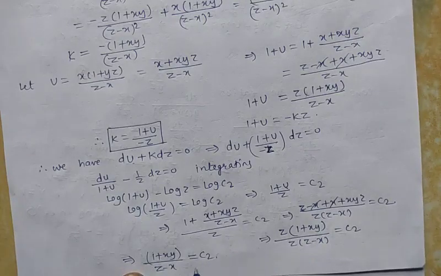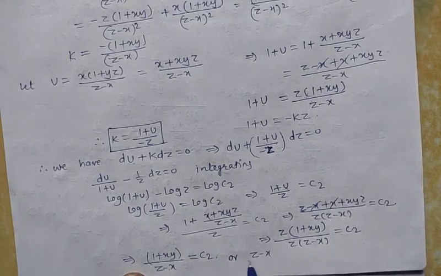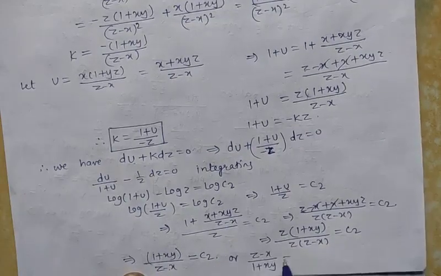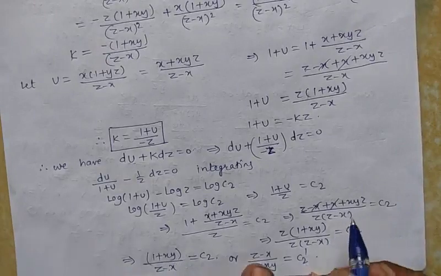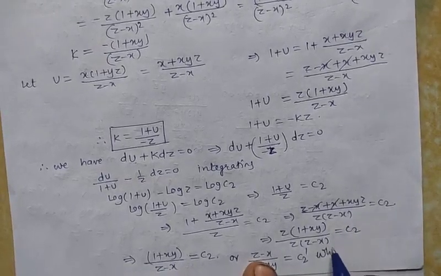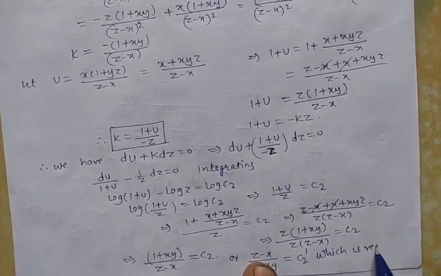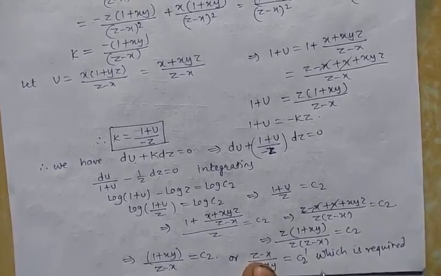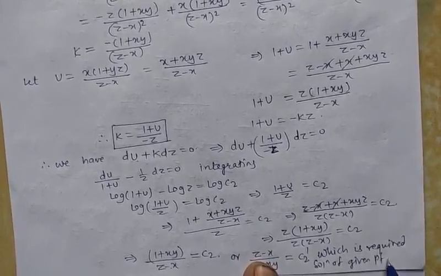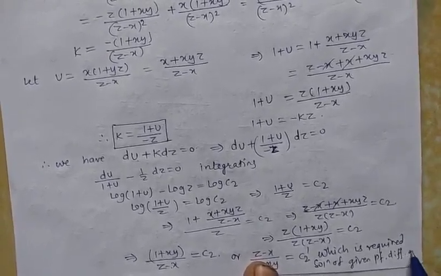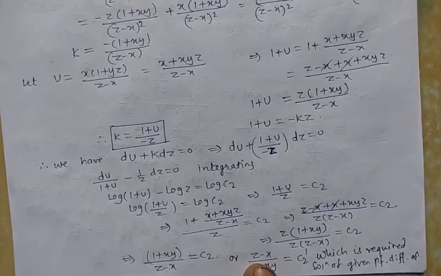We can write this as (1 plus xy) upon (z minus x) is constant, or we can write it as (z minus x) upon (1 plus xy) which is equal to c2 dash. So this is the required solution of the given affine differential equation. Okay, so this is the required solution.